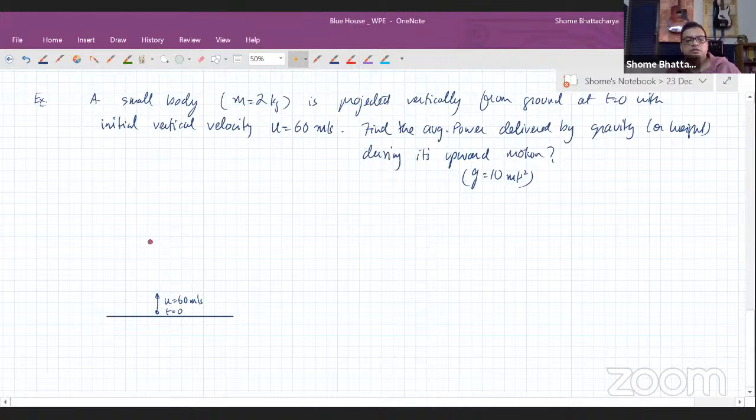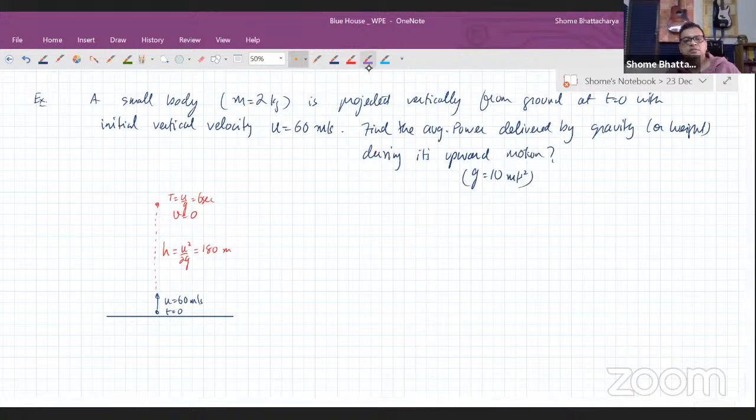From kinematics, we understand that it will reach the highest point at u by g, that is 6 seconds, when its velocity will become 0. And the height it will climb is u square by 2g, so that will become 180 meters.